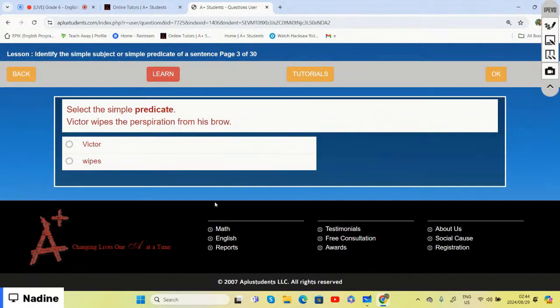All right, let's do the last one. It says we need to select the simple predicate. Victor wipes the perspiration from his brow. Is it Victor or is it wipes?